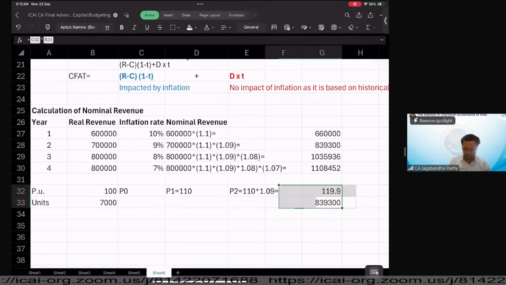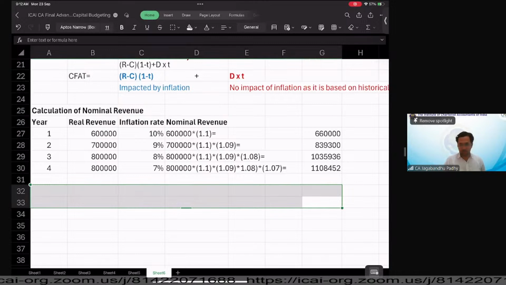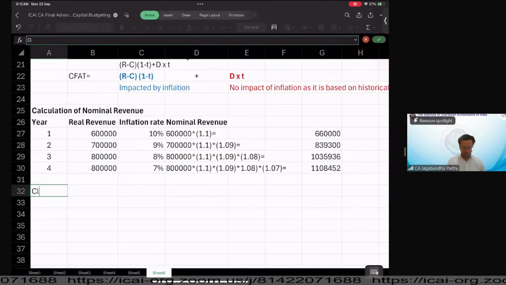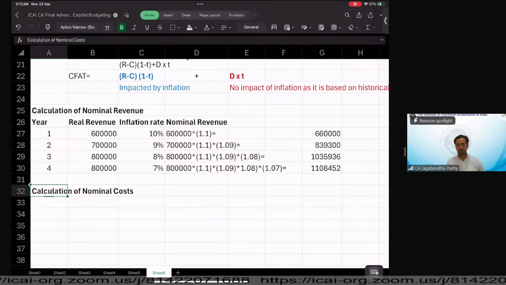Clear? Perfect. Great. I just want everyone to be on the same line, that you don't go home without getting any clarity about the concept. Anyways, so we have this nominal revenues available. Now let's go for calculation of nominal costs.